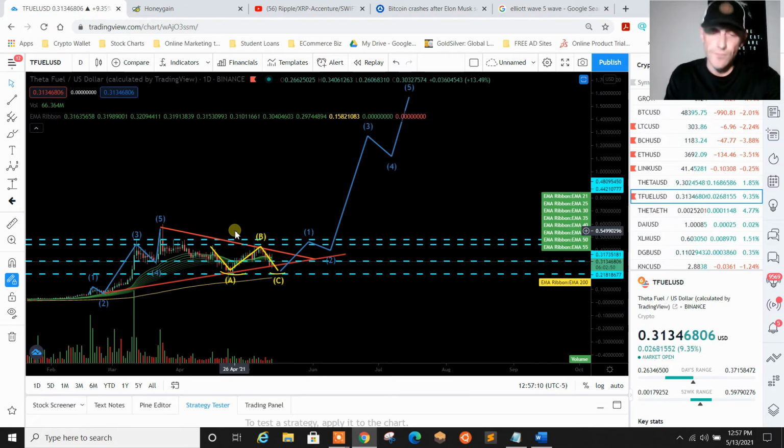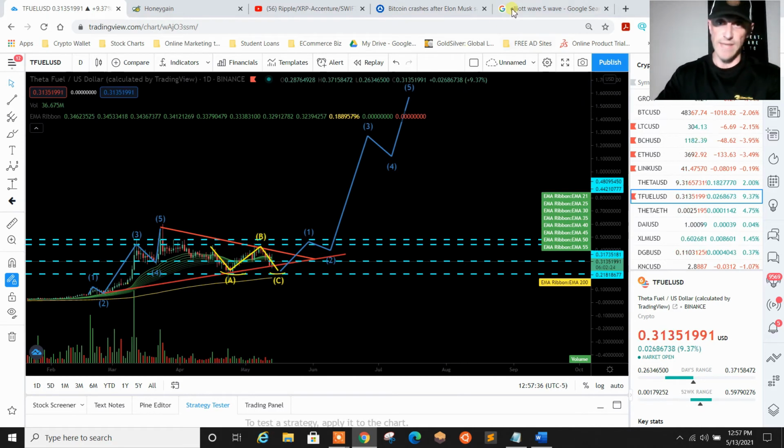So that's kind of what I'm looking for on T-Fuel. Again, I don't know what it's going to do as far as closing the gap in that ratio, but if it does anything similar to the last move, guys, if you're holding T-Fuel right now, you can get in right now at 31 cents and make yourselves a lot of money on this next move up, okay?